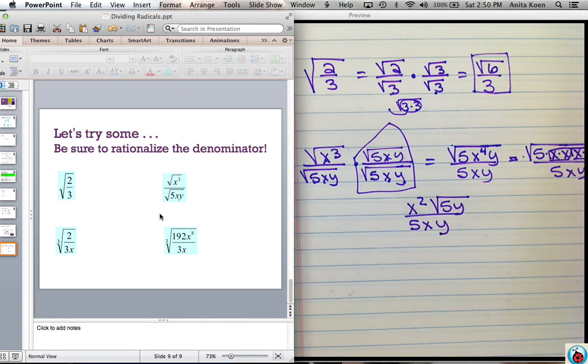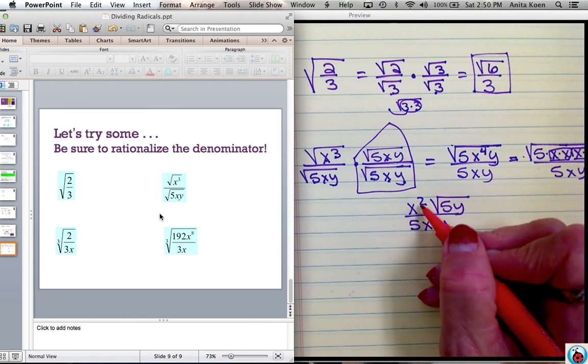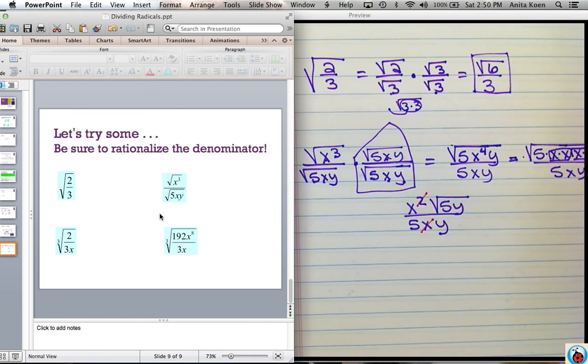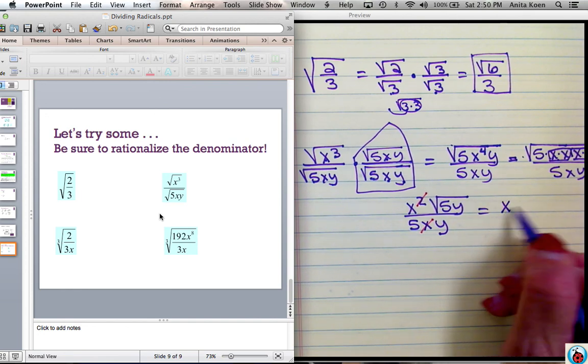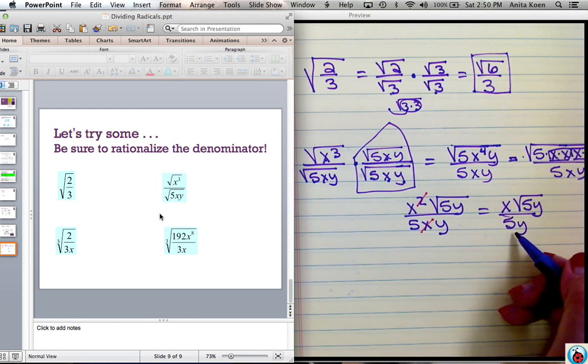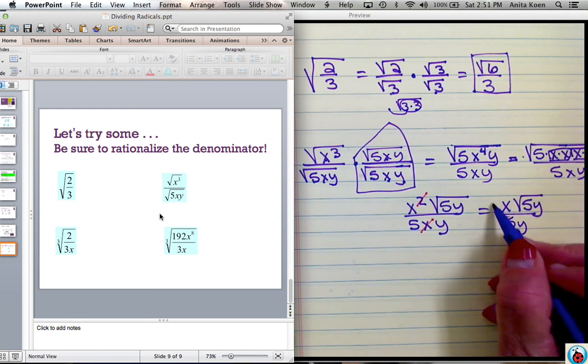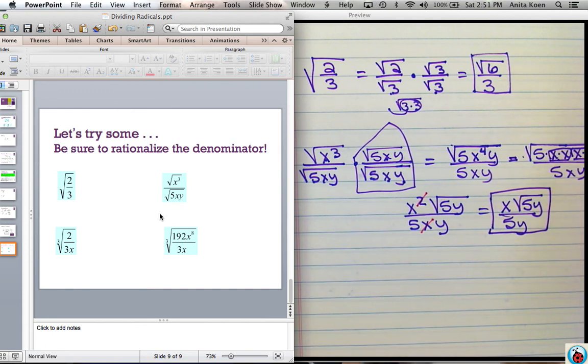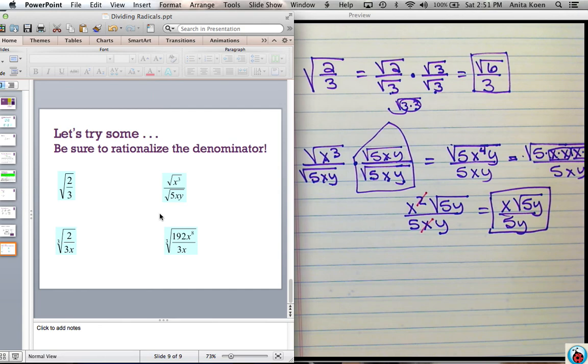Now remember that x squared is x times x. So one of these x's will cancel with this one. And now what I have is x times the square root of 5y divided by 5y. Now these cannot cancel here because this one's under the radical and that one is not. Okay?